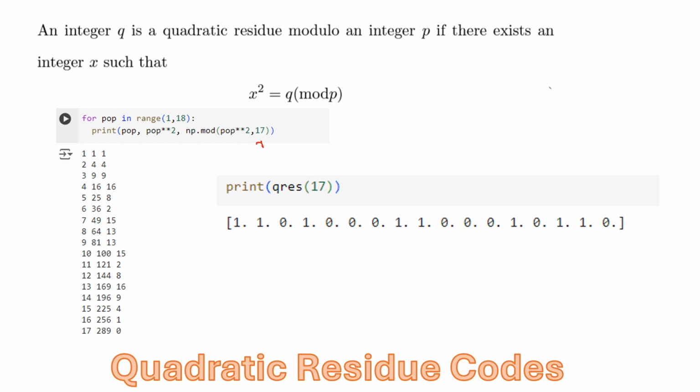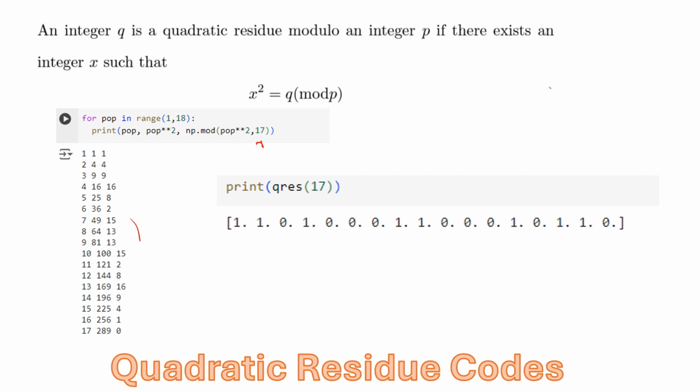And then we take the squared value mod 17, and we see, for example, 1 squared mod 17 is 1, 2 squared mod 17 is 4, 3 squared is 9, 4 squared is 16, 5 squared is 8. So a variety of integers appear here, but not all integers between 1 and 17 appear.